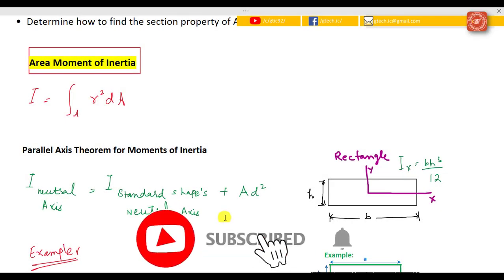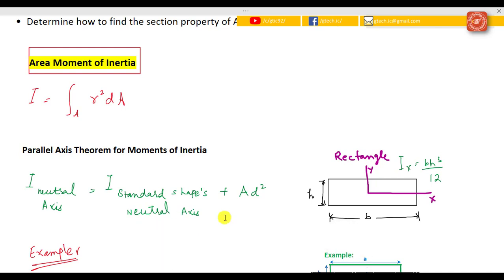The parallel axis theorem gives the relationship between the moment of inertia with respect to a centroidal axis and the moment of inertia with respect to any parallel axis.